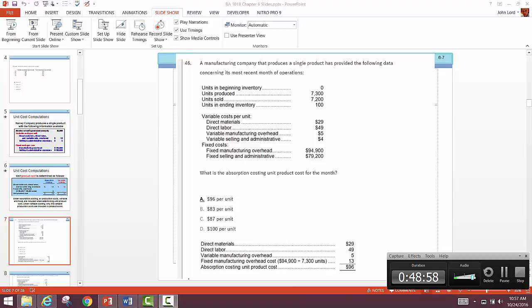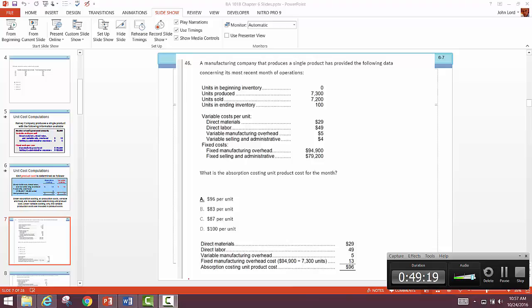Now, if you look at the difference between the inventory amounts, 9,600 versus 8,300, that gives me a difference of what? 1,300. And that difference of 1,300 is what?